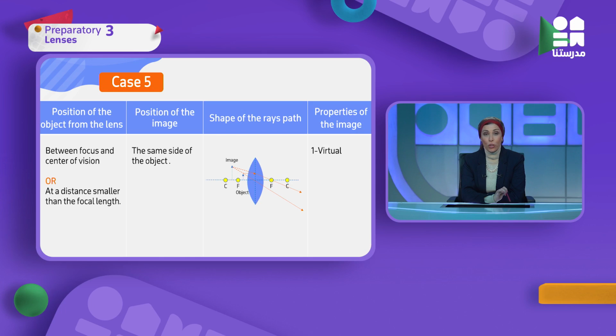Number one, virtual. Why virtual? Because it is on the same side as the object. All the images formed before were on the other side. So I'll call it a virtual image. And since it is virtual, it is upright, straight. And what about its size? It's magnified. If you forget the word magnified, you can write bigger or larger than the object.